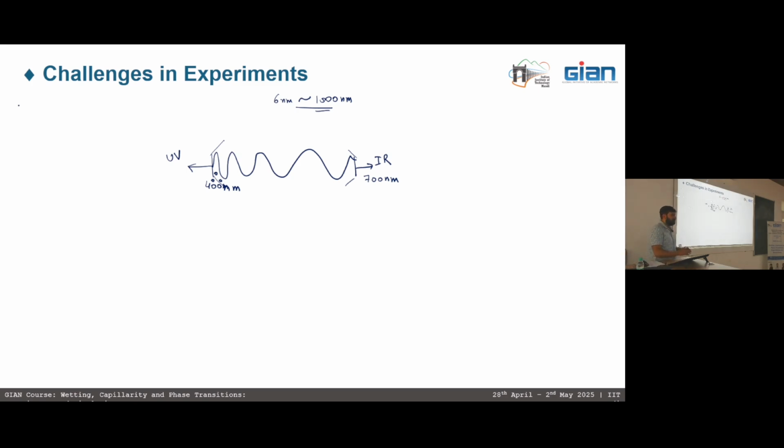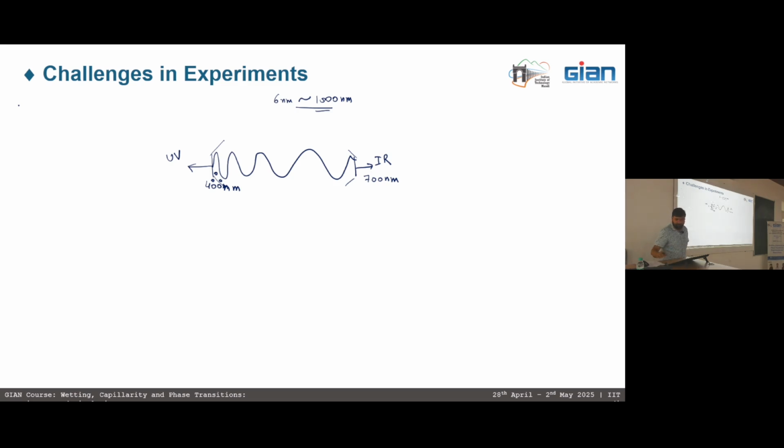The other challenge, not typically in gas nanobubbles, because they have very long lifetimes, but in the case of vapor nanobubbles, is that they have very short life, because vapors are very labile. Any fluctuation to the vapor bubbles may lead to either increase or collapse of the bubble, right? So in the case of vapor nanobubbles, time is also a very important parameter. At how much frame rate, or how fast do we need to acquire the data so that we can observe these vapor nanobubbles?